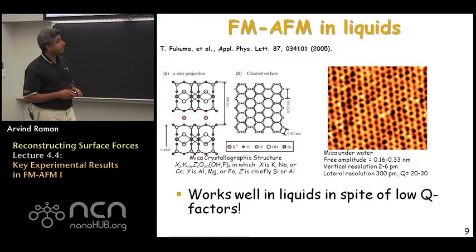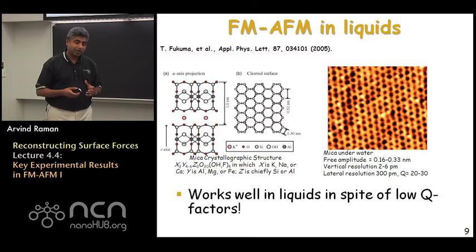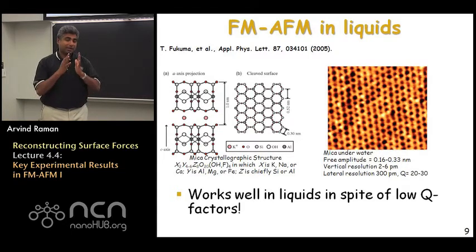Lastly, I'd like to bring to your attention the fact that FM-AFM has also been used in liquid environments for getting atomic resolution. In the early days of FM-AFM, the natural reaction for a scientist, if asked why you get high resolution with FM-AFM, would be because of the high Q factors and because phase detection, phase locked loops, are much more effective at detecting frequency shifts.